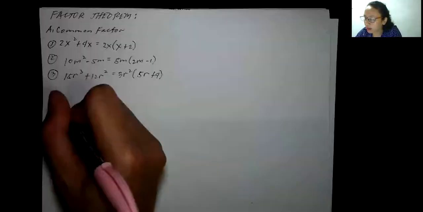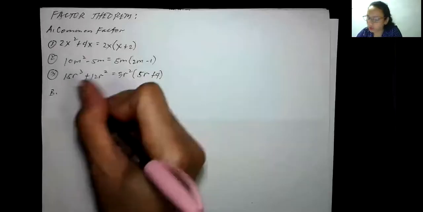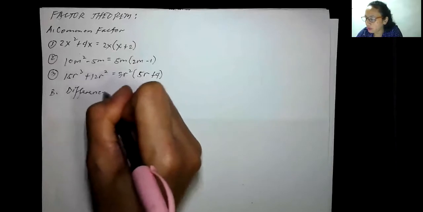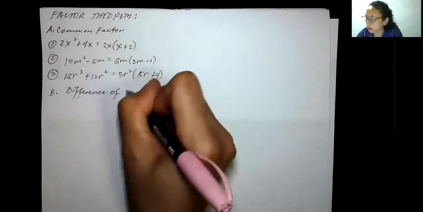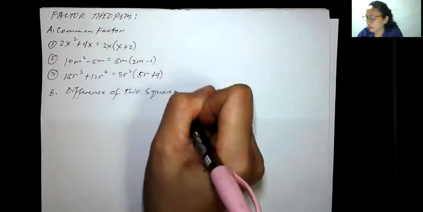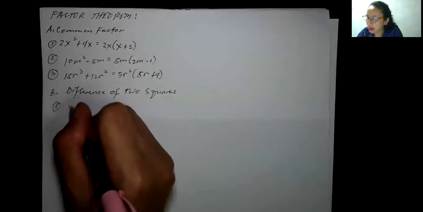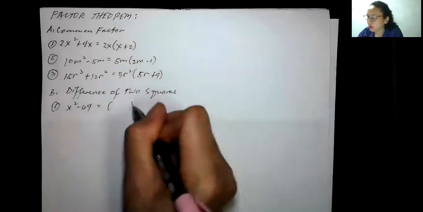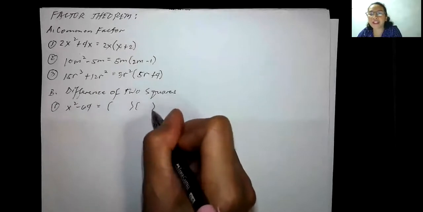So let us have another factoring. So difference of two squares. So for example, we have here x squared minus 64. So we have here two parentheses.